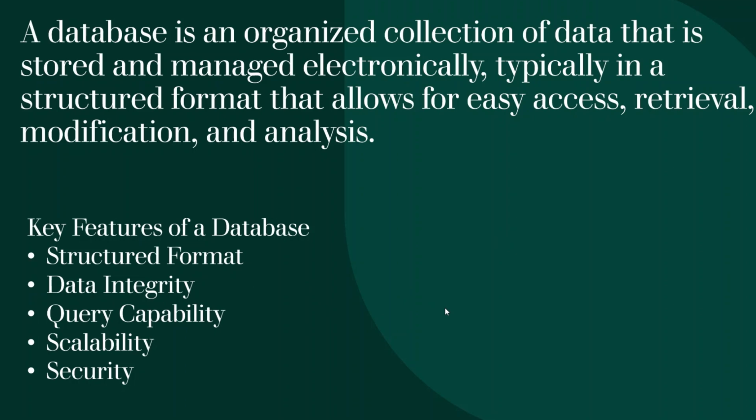So database, as we discussed, is a structured format. That means the data is organized in tables, rows, and columns for the relational database. As we took the example of the employee details, first we created one table which is having the employee details like first name, last name, department.